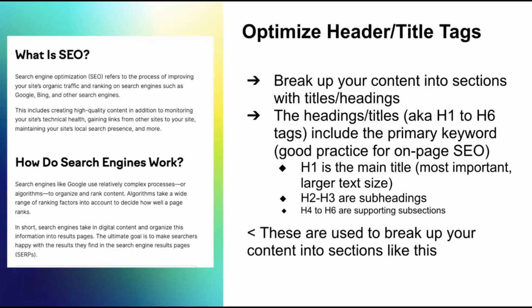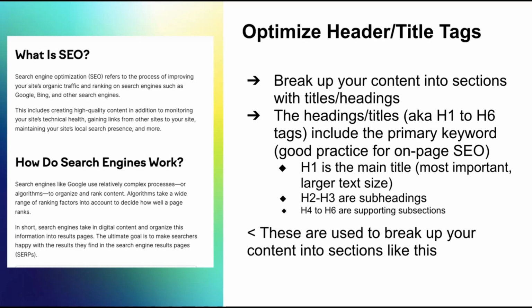A few additional tips that you want to consider with your writing is your header and your title tags. So you want to make sure that your main heading or your title describes what your content is about. When you have a long form of content, you want to also consider breaking up your body of content using additional subheaders.